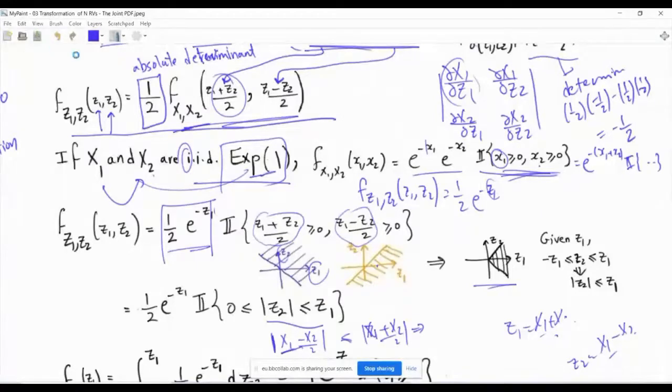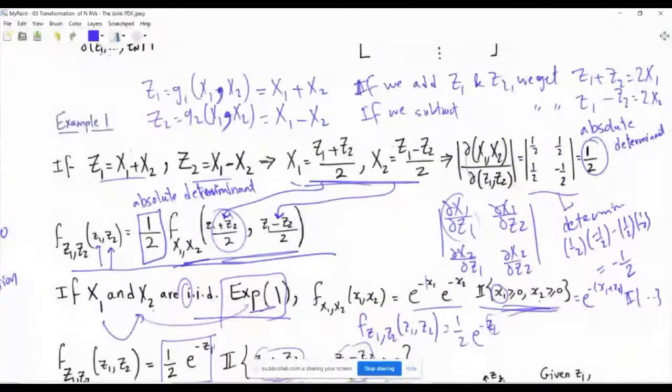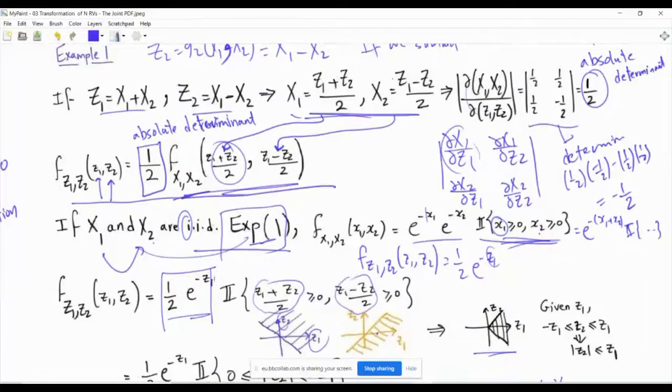So the idea is that you can basically do things without the indicator like this: x1 and x2 will give you z1. Now if x1 and x2 are both non-negative, then their sum will be non-negative, and their difference in absolute value will always be upper bounded by the sum, which is a manifestation of the triangle inequality.